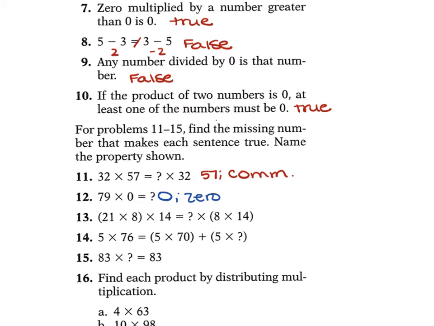For 13, we have 21 times 8 times 14 is equal to something times 8 times 14. So the missing number is the 21. And then your associative property is used here because your order of those parentheses is changing.